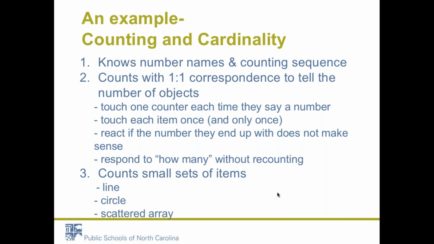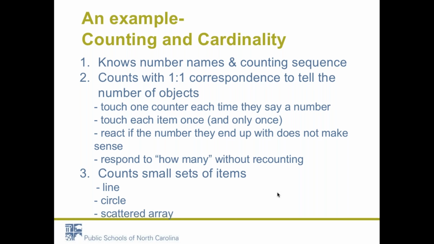Then can the student count with one-to-one correspondence to tell the number of objects? And this would include touching one counter each time they say a number, touching each item once and only once, recognizing when the number they end up with doesn't make sense, and being able to answer questions about how many without having to recount the sets of objects.